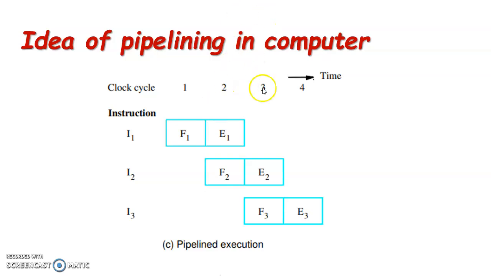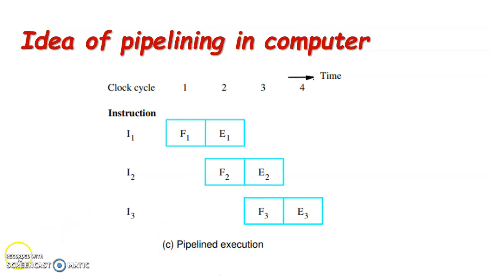During the third clock cycle, execution of the second instruction is performed while the third instruction is being fetched by the fetch unit. In this manner, both fetch and execute units are kept busy all the time.